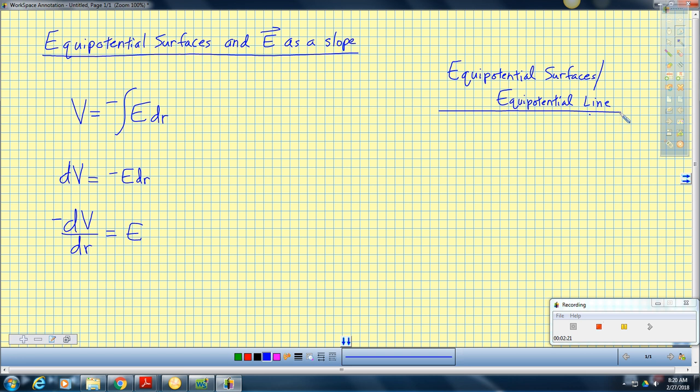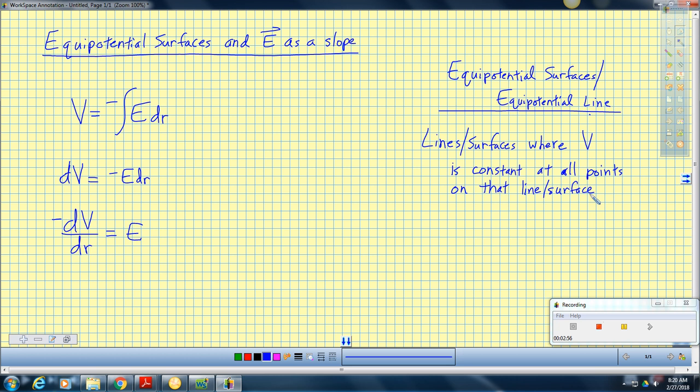These are lines or surfaces where V, the voltage, the potential, is constant at all points on that line or surface. So everything along this line is at a constant voltage, or everything around this surface, if it's a 3D shape, is at the same voltage.